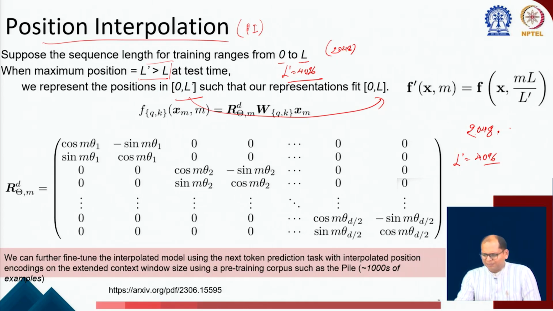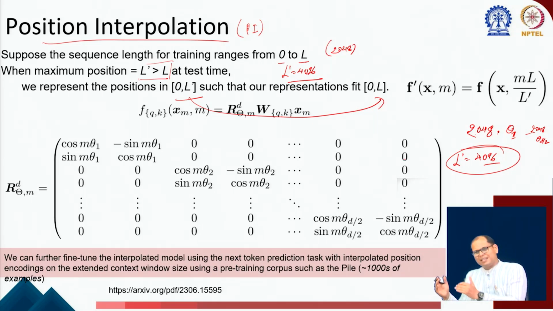So, 2048 times theta 1, let us say, and similarly we will have up to 2048 theta d by 2. So, what I will do to fit a larger possible length is, okay, I will interpolate it to the same range of up to 2048.